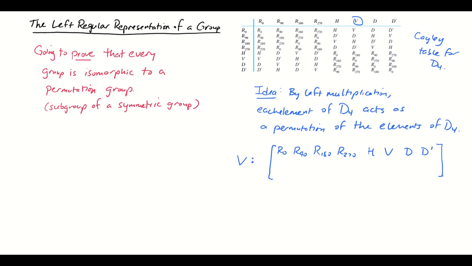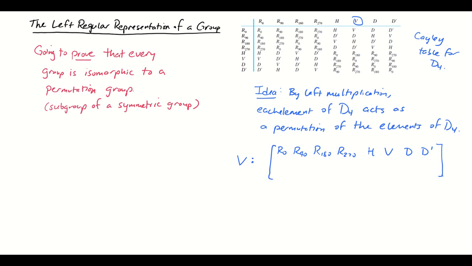And now, if I just think of multiplying on the left by V, and keep in mind, by the way, that when I read this table, this entry here is saying that V times R90 is D prime. So this is the element that goes on the left, this is the element that goes on the right.